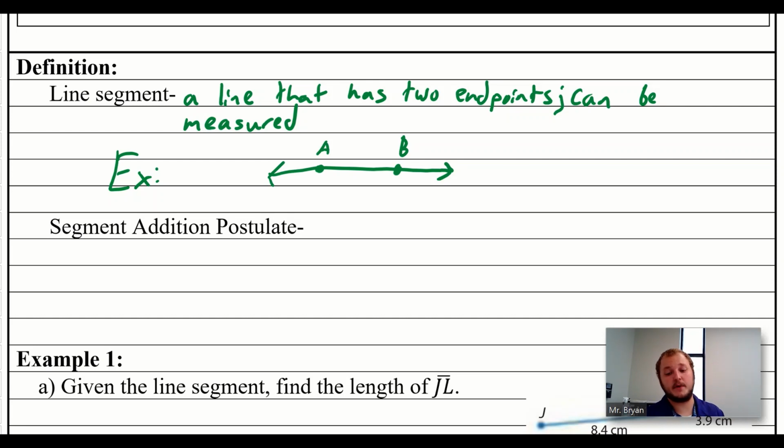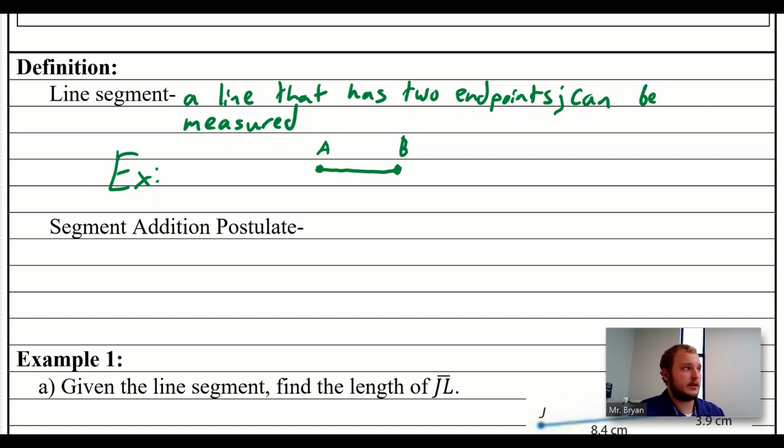If I asked you to measure this line right now, you couldn't tell me, because like we just said, it's just going to keep going. What I want if I'm looking at a line segment is not the arrows, but the endpoints. That's where that line stops. And so this would be line segment AB. And then I can actually measure this as well.